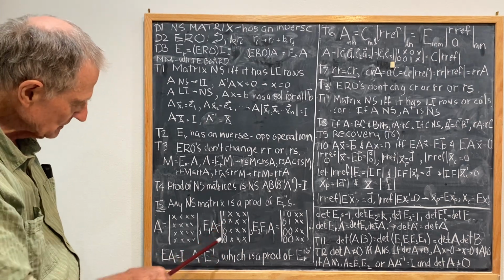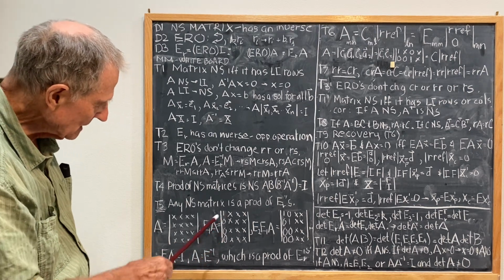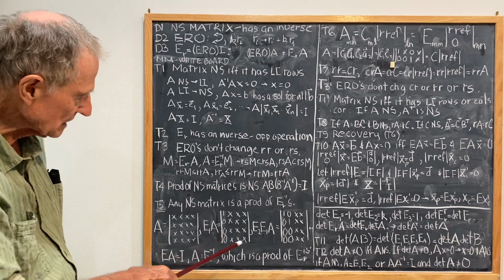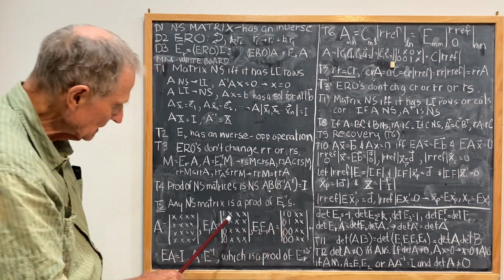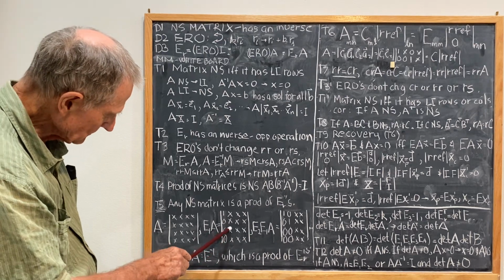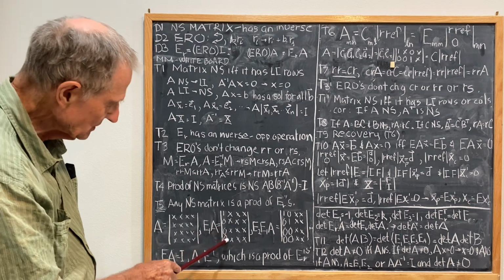That would make it linearly dependent. So by elementary row operations, I can put the second column in the form 0, 1, 0, 0. It has a non-zero X in this section here.